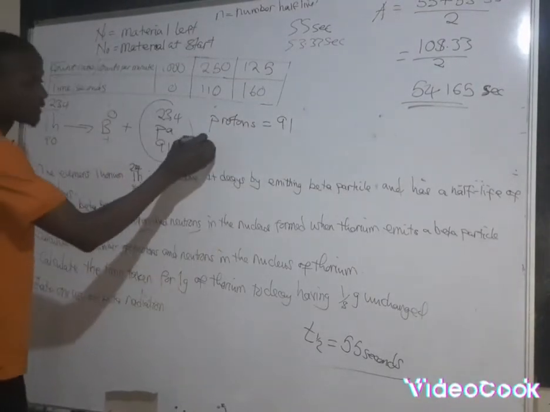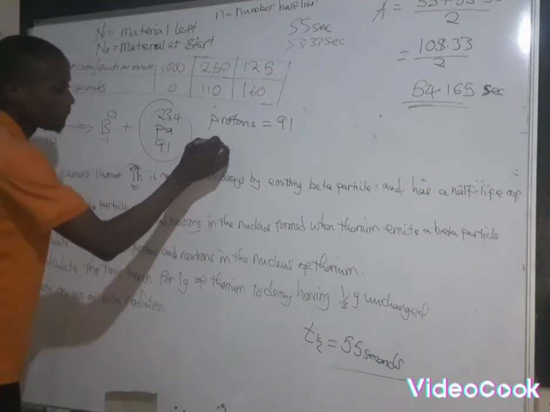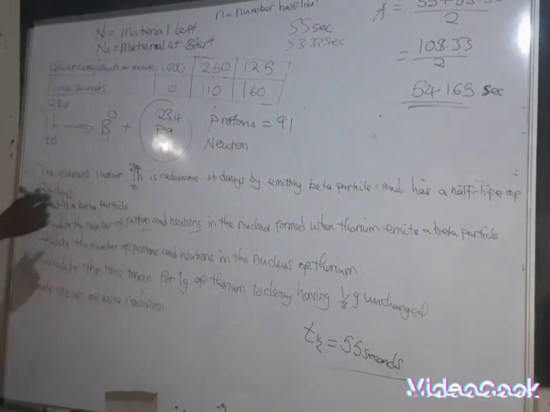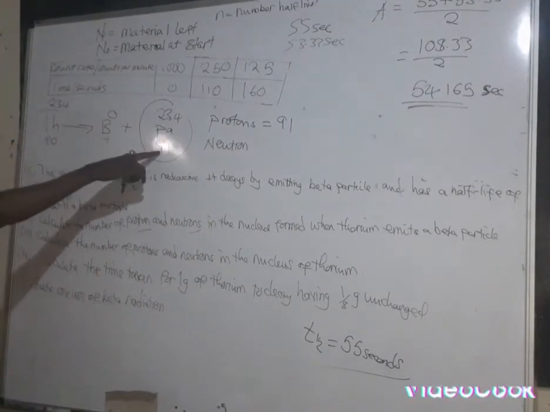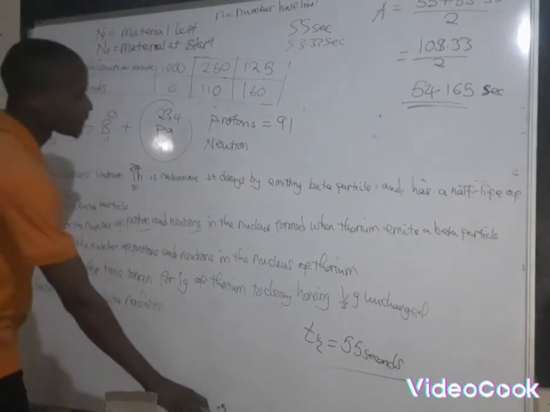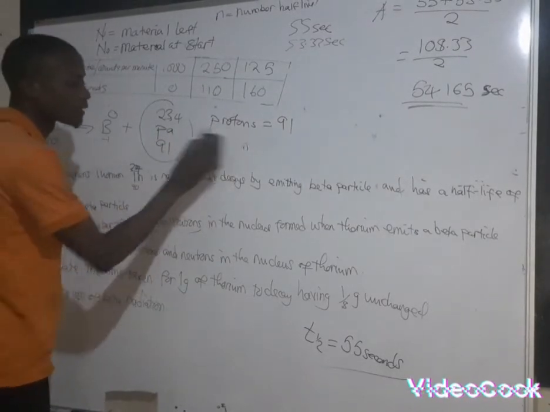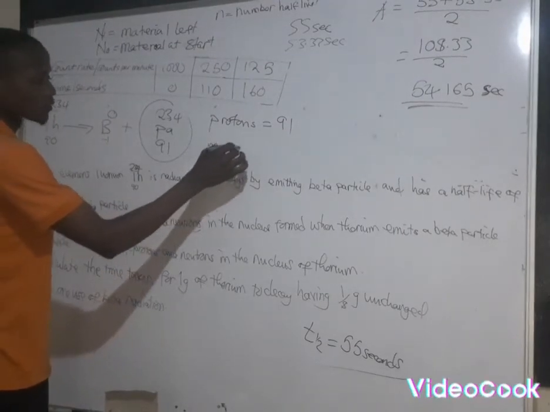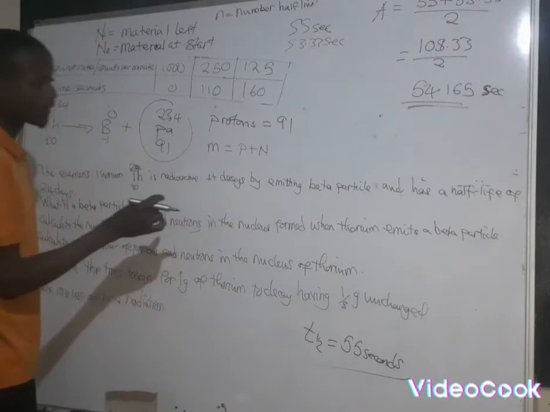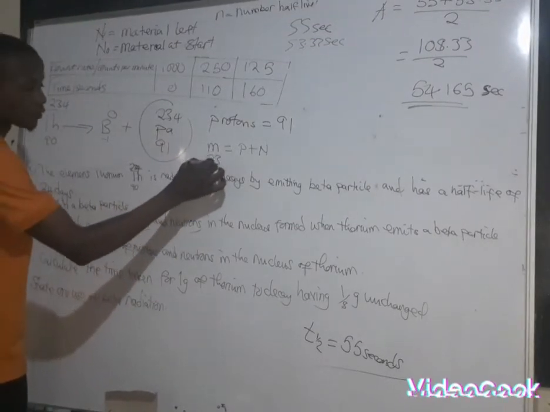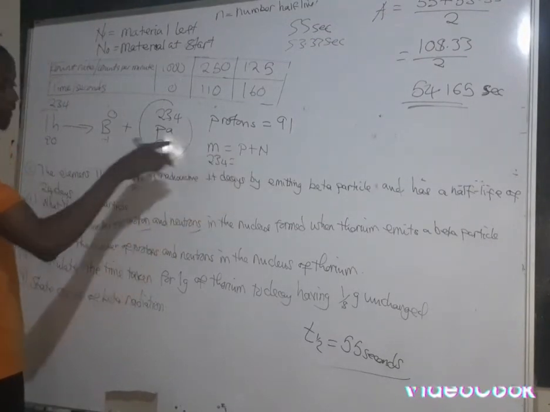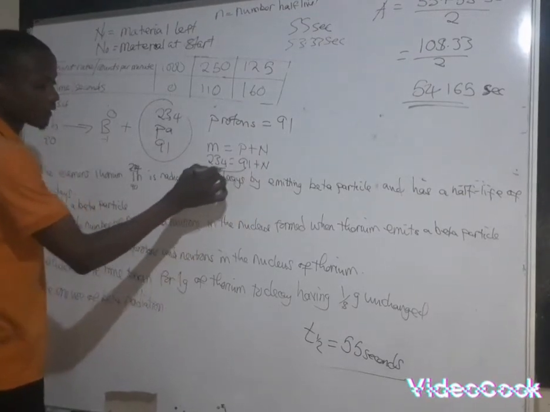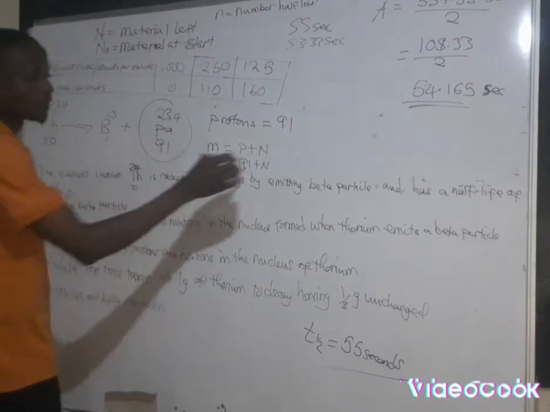Then we find the neutrons. How many neutrons are there? You subtract the proton number from the mass number. You can simply do this by making an equation: the mass number equals the proton number plus the neutron number. The mass number is 234, which equals the proton number 91 plus the neutron number, which we don't know.